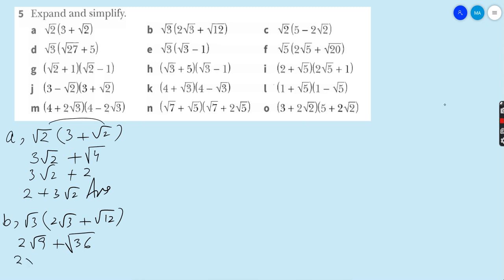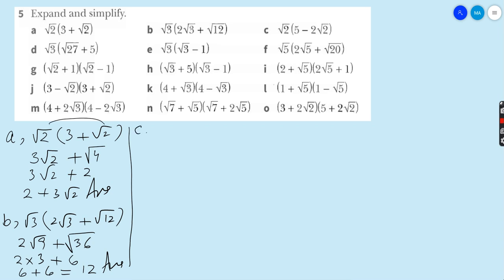Now 2 multiply by root 9 is 3, plus root 36 is 6. 2 threes are 6, and 6 plus 6 is 12. So the answer of part B is 12.